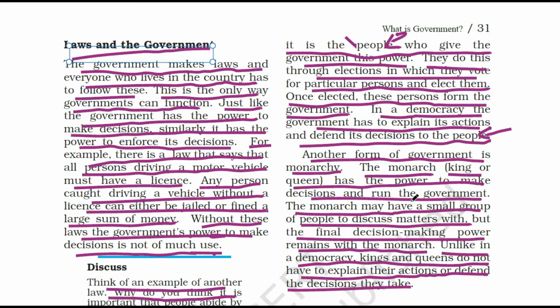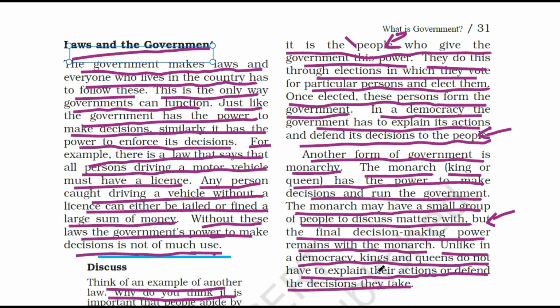So they have a small group of people to discuss matters with. But remember, this is pretty interesting over here. The final decision-making power remains with the monarch. So he takes advice from a small group that he has, but the ultimate decision-making power is with the monarch himself. Unlike a democracy, kings and queens do not have to explain their actions or defend the decision they take.